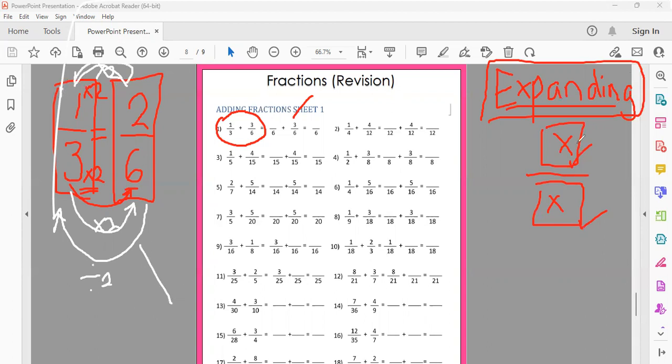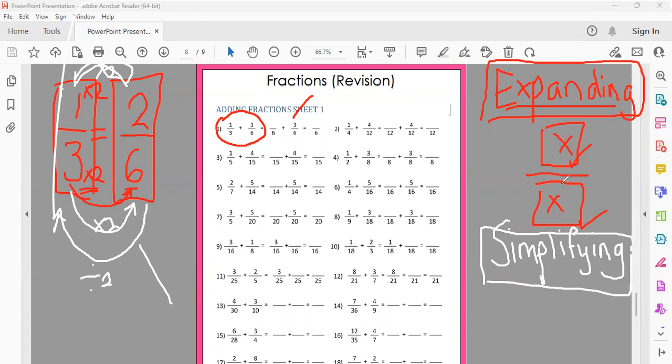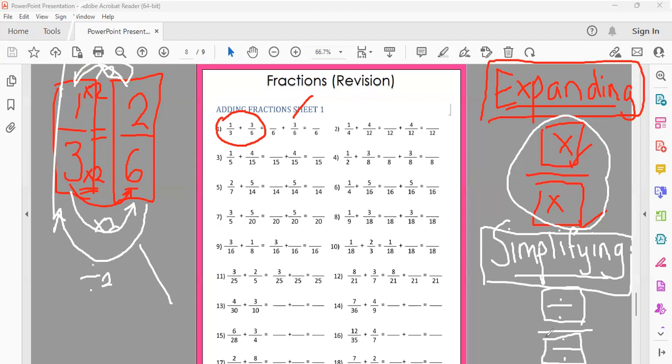And that's called simplifying. There are two things you really need to know in fractions: expanding and simplifying. Expanding uses multiplication. Simplifying uses division. So when you divide something at the bottom, you also divide it at the top. You've got to do it both ways. So with that understanding, you can do the rest of the questions here.